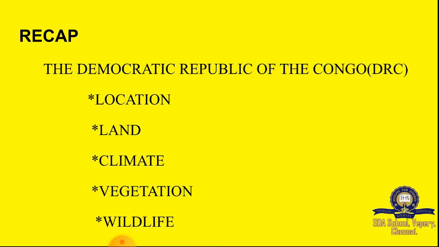The country lies in the center of the river basin, which is a vast low-lying area covered with rainforest. It is surrounded by mountains and plateaus. The country has 4 major lakes, that is Albert, Edward, Kivu and Tanganyika. These lakes lie along the eastern boundary of the country.